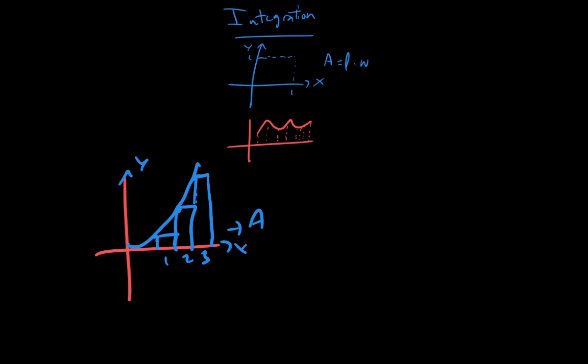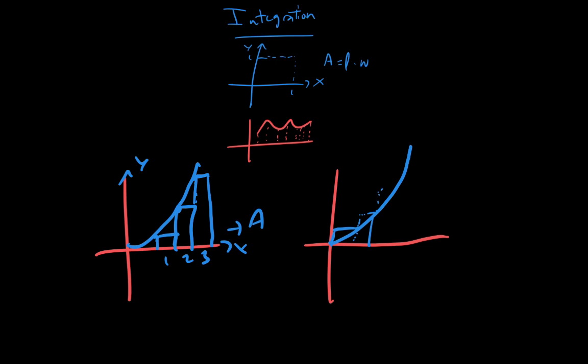And then you can go and do the right-hand approximation, which, let's do the same sort of graph. It would go like this. Make a rectangle there, go to this point and make a rectangle.